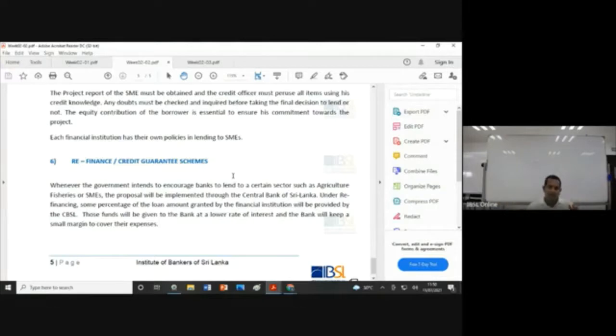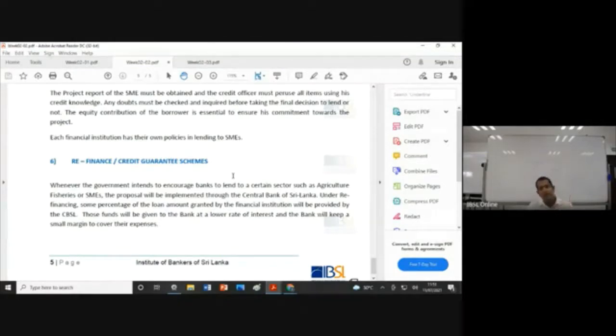However, whatever the scheme, first we have to lend to the customer and we have to claim from the central bank. It is not that central bank has given us money and we are lending. No. We have to lend and we have to claim. That's called refinancing. Our money use has been financed by the concessionary credit line. Credit lines, refinancing is that.